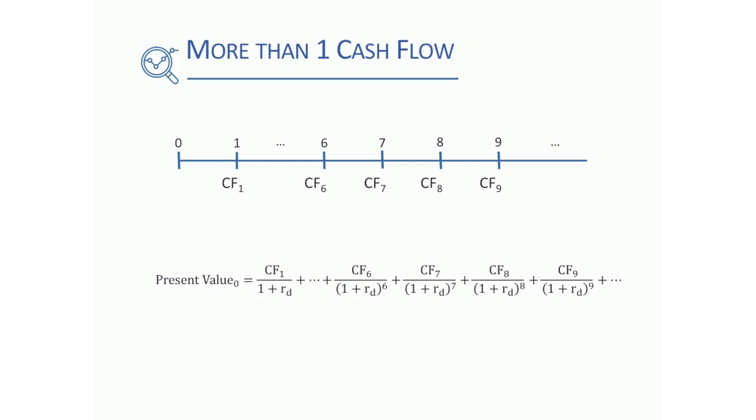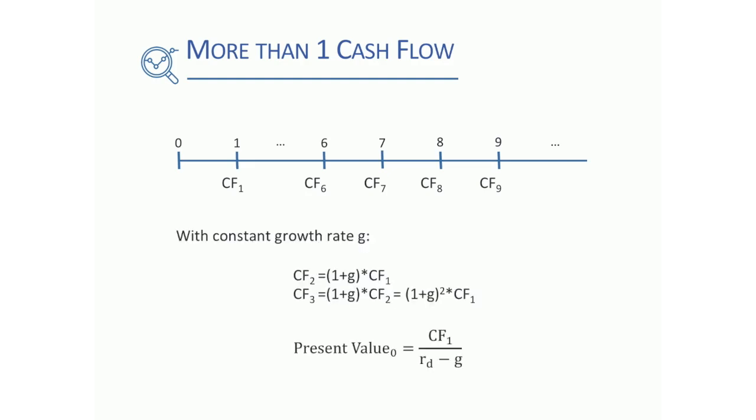And now imagine that cash flow 2 is just cash flow 1 with some growth. And cash flow 3 is just cash flow 2 with that same growth rate. And cash flow 4 is the same as cash flow 3 with that same growth rate. So everything is growing at some constant growth rate.